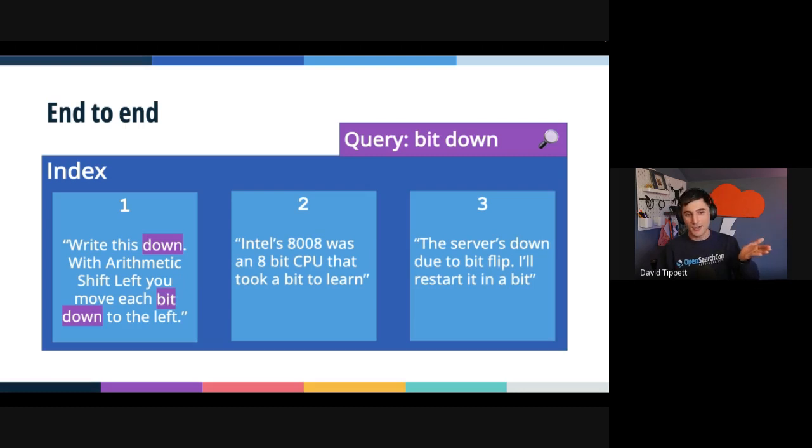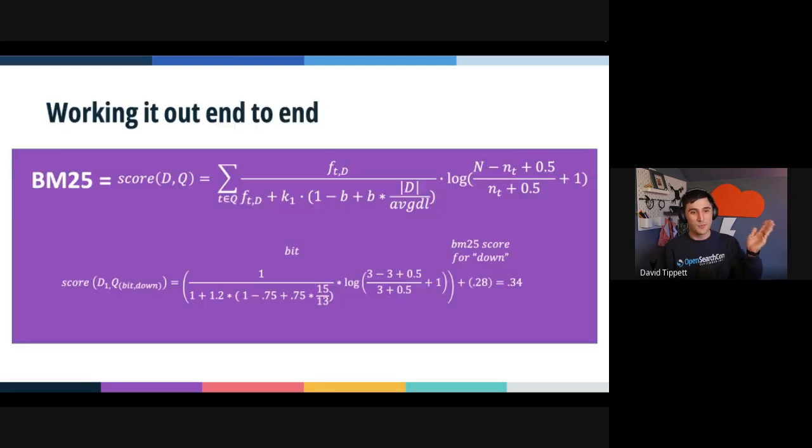And it is 15 words long. And let's go into the math. Now, you don't ever have to worry about this, thankfully, but here we'll walk this side to side. So we're looking for the score of our first document, document 1, against the query with the words bit and down. So we first start by scoring bit.